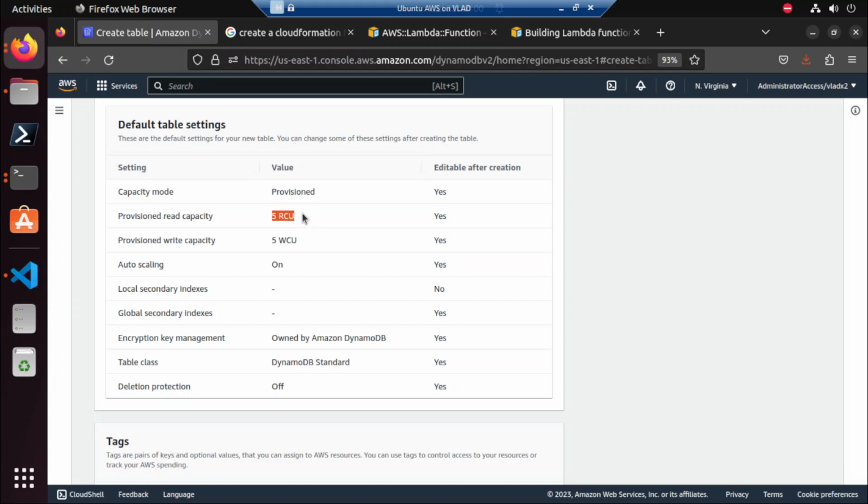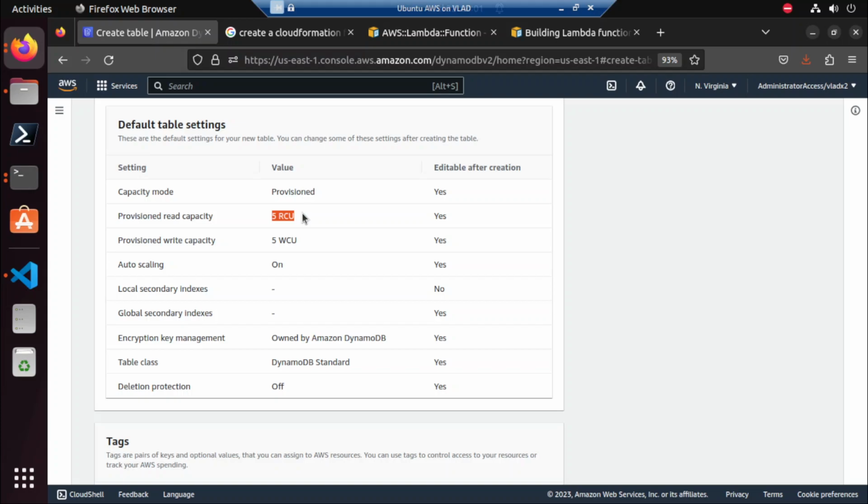So for example, if I have two reads per second, if it's eventual, hold on, one write per second, with each 4 KB.